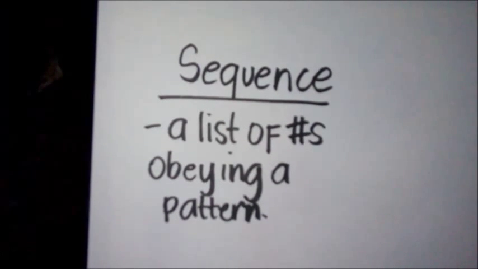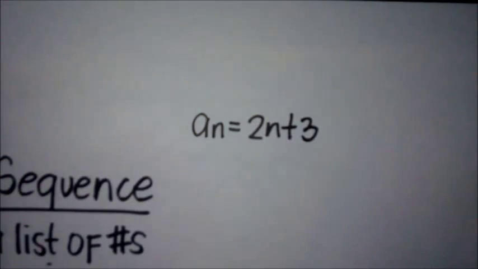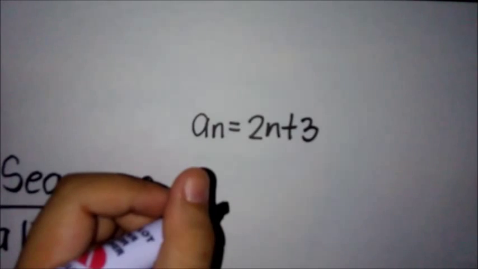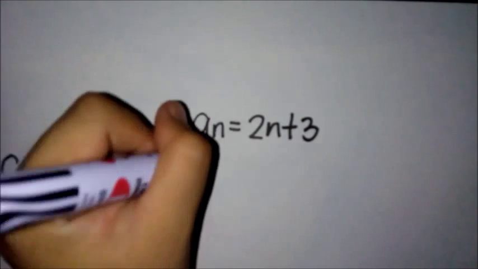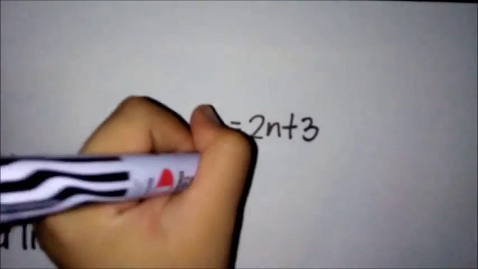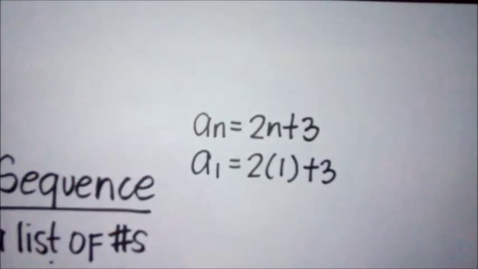For example, let's have a sub n is equal to 2n plus 3. So to solve this sequence, let us have a sub 1 is equal to 2 times 1 plus 3.